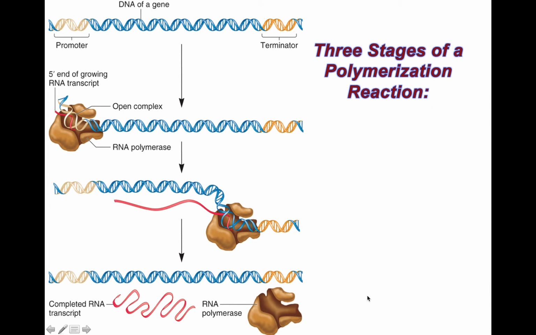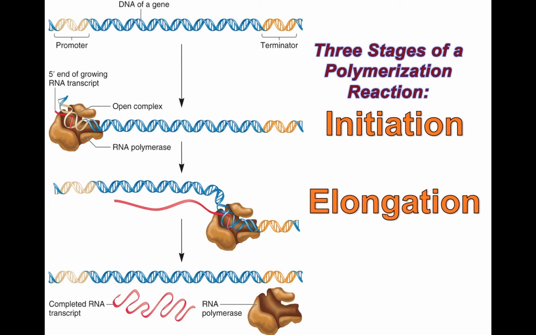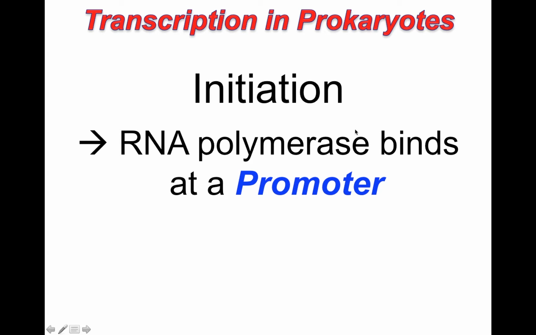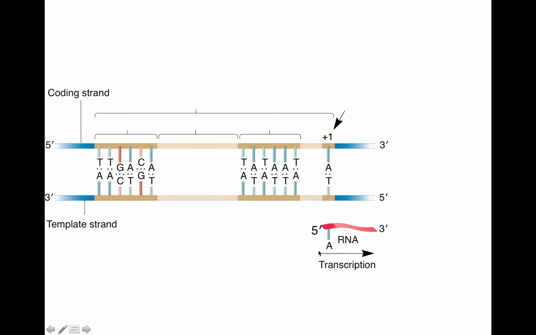There are 3 stages of polymerization reaction. Similarly to the stages of DNA synthesis or replication, we have initiation, elongation, and termination. Initiation in prokaryotes involves RNA polymerase binding to a promoter, and this is a typical promoter for a prokaryotic gene.